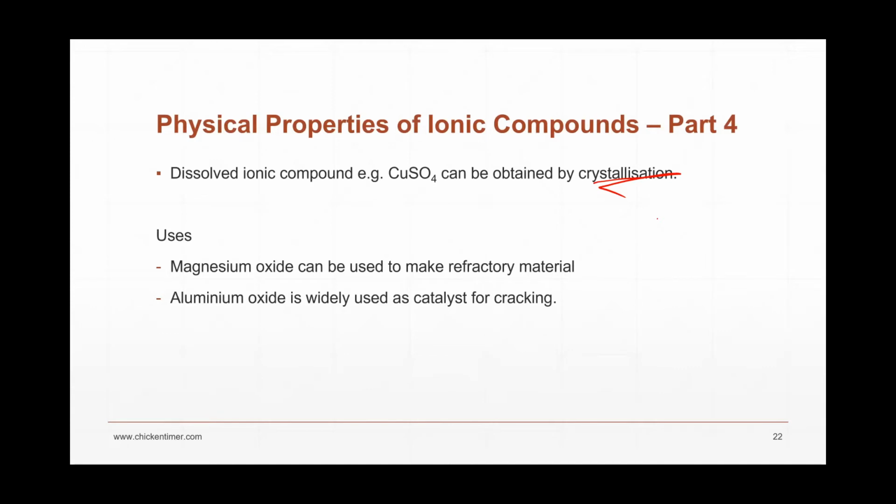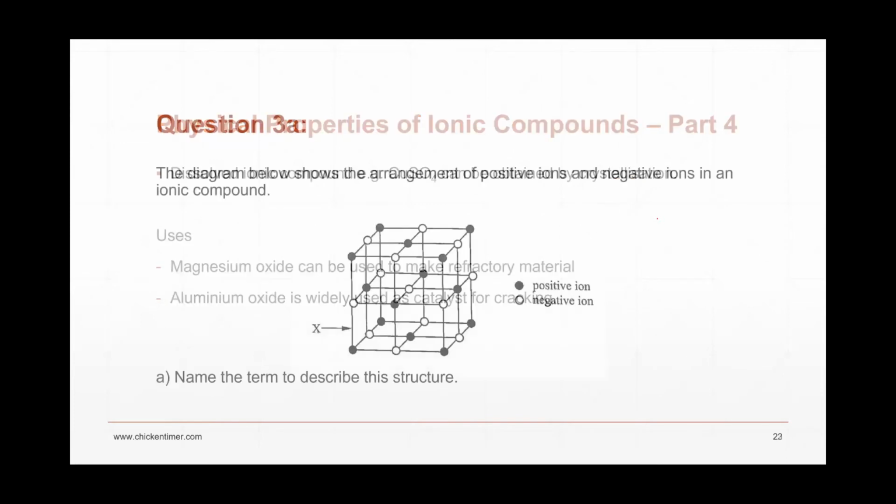It's a separation technique process. Crystallization is used for what? Salt. The next two uses are not very important right now, but next year they will be more important. They are uses of some ionic compounds.